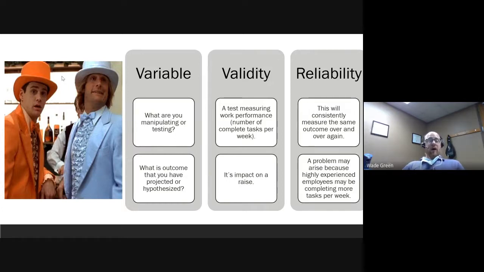Problems may actually pop up because those employees that have been there for 20 years and are more experienced are consistently meeting and exceeding those task completions and scoring high on work productivity. Therefore, those people that have been with the company for only a year or two are not as eligible for raises as their more experienced counterparts, for that very reason, because there is a confounding factor of number of years present at the company.